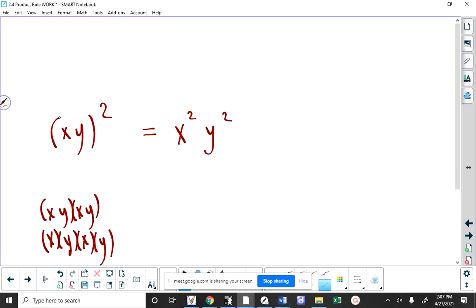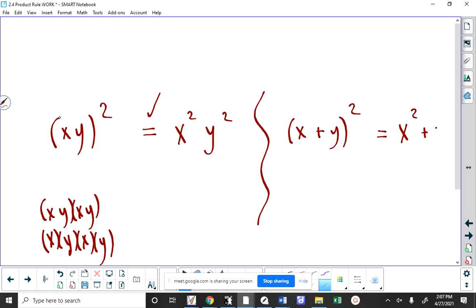And the word commutative is basically a fancy way of saying the order doesn't matter here. So I can take x times y times x times y, or I can take x times x times y times y, and x times x is x squared, and y times y is y squared. So we are allowed to do this. But if I said to you, are we allowed to distribute, for lack of a better way of saying it, that squared into both of these pieces?